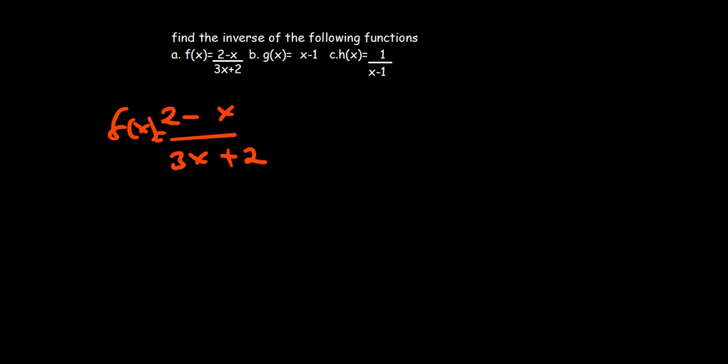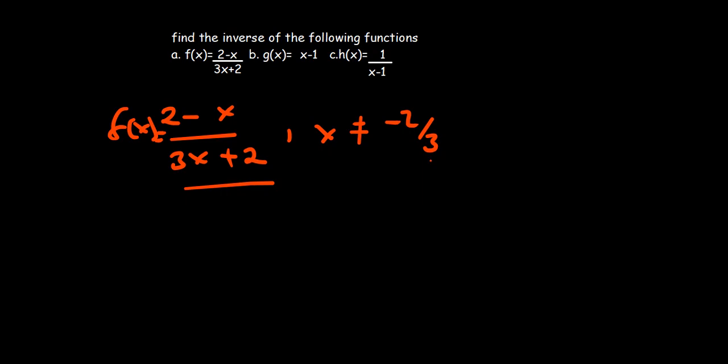So the first step is, for this function we can see that our x should not be equal to negative 3 over 2, because when we equate the bottom to 0, we find that x cannot be equal to negative 3 over 2.